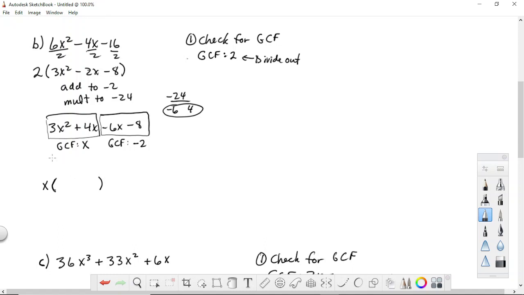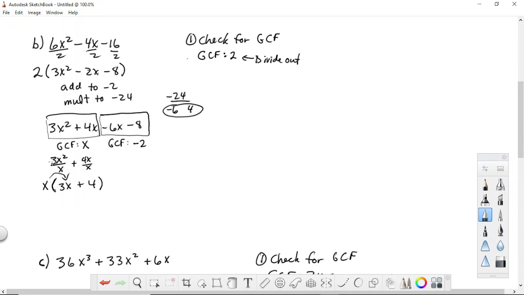The way we can find that, we could do it in our head, but we can also write 3x squared divided by the greatest common factor, which is x, plus 4x divided by x. And that leaves 3x plus 4.